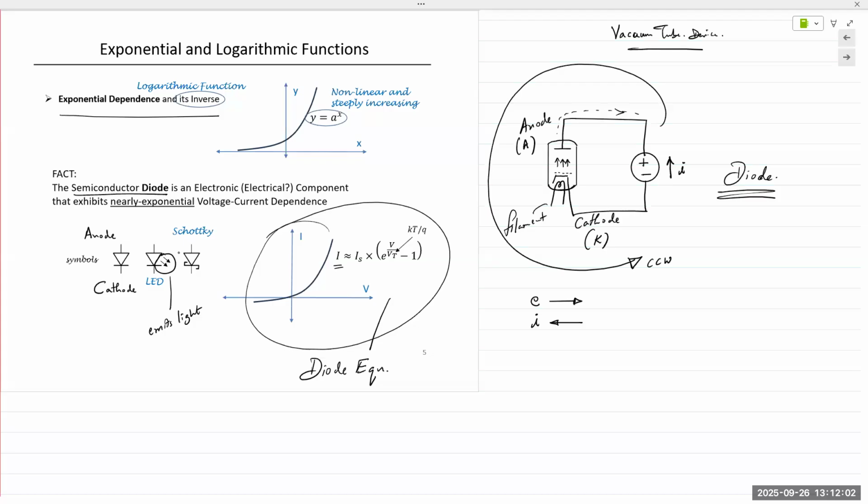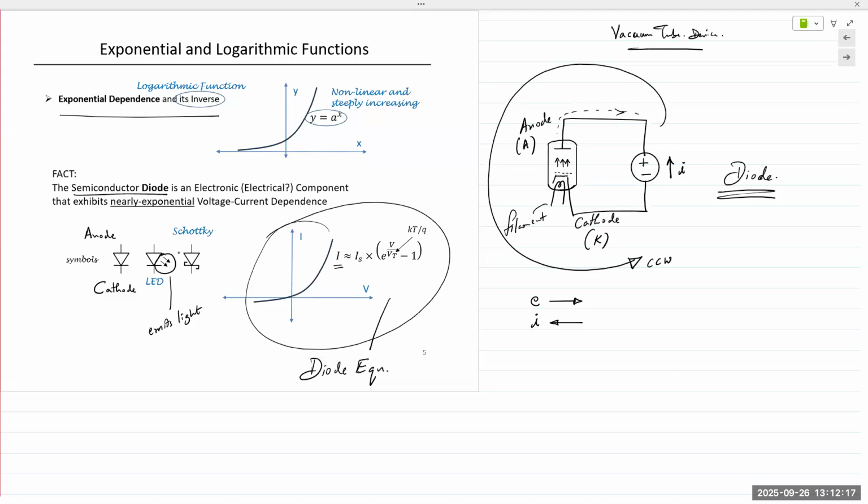Hence, we have an LED, a light emitting diode. LEDs have become a very ubiquitous term in modern day lives. So that's what it stands for, light emitting diodes.